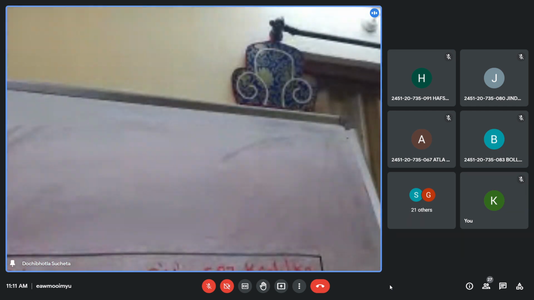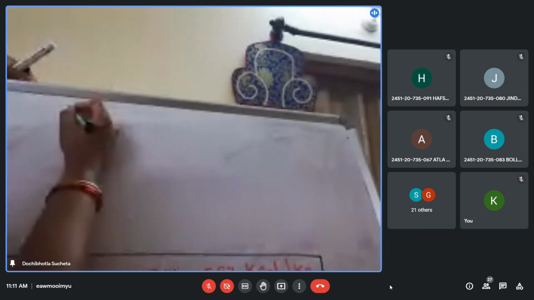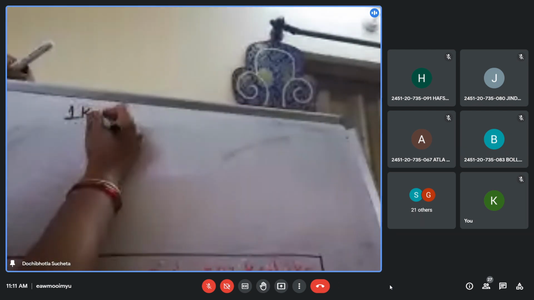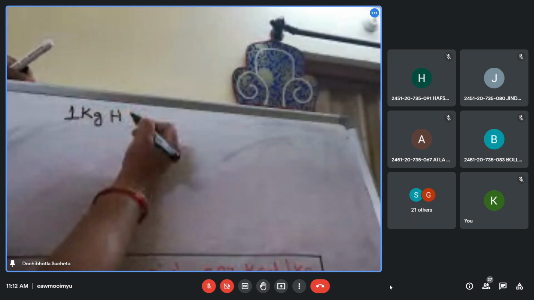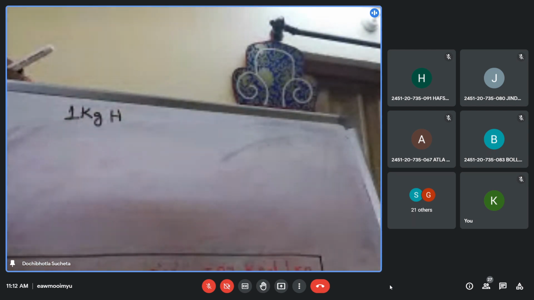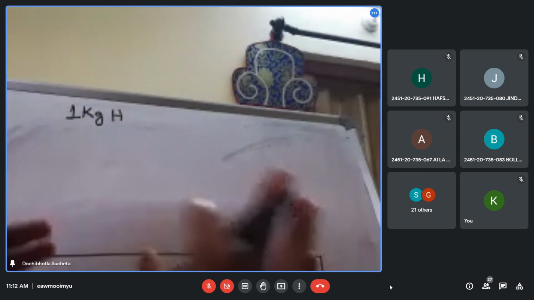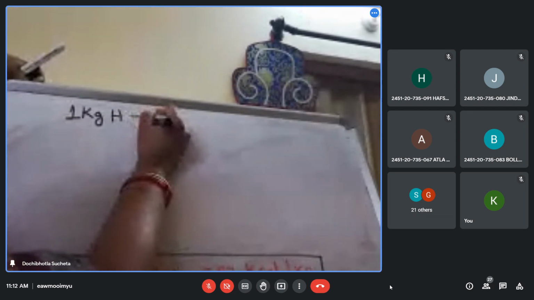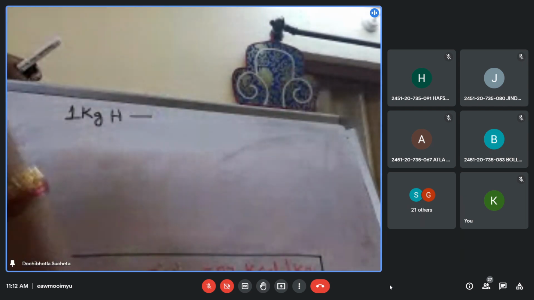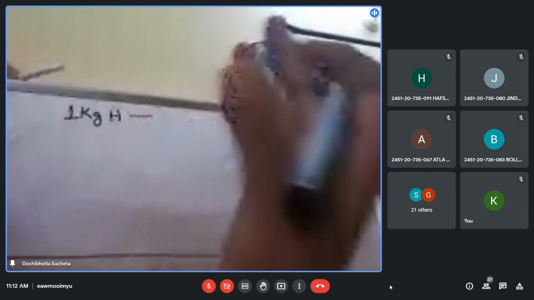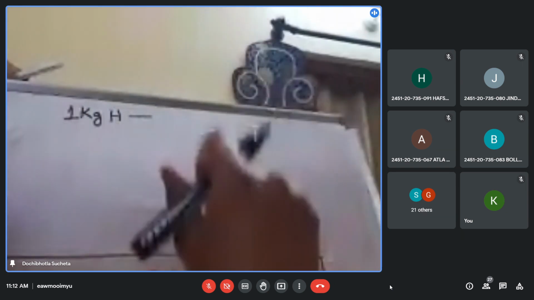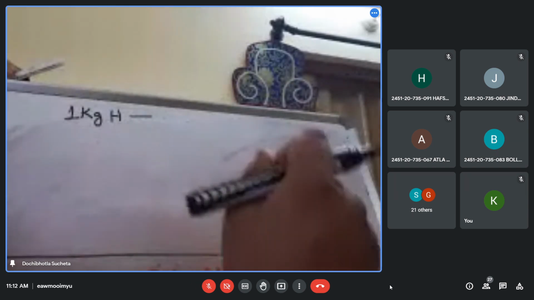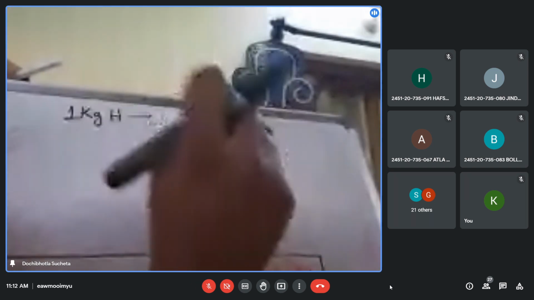From the definition, what I've realized is that by burning 1 kg hydrogen, some amount of moisture got evolved, it underwent oxidation, and it gave moisture, which underwent condensation to form H2O, which actually condensed back to give the latent heat of condensation of steam.